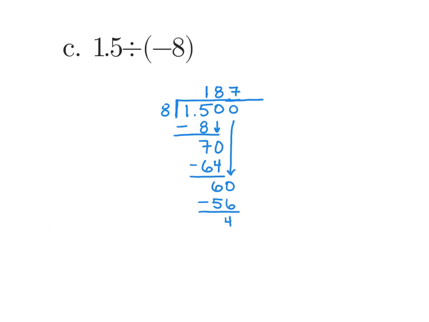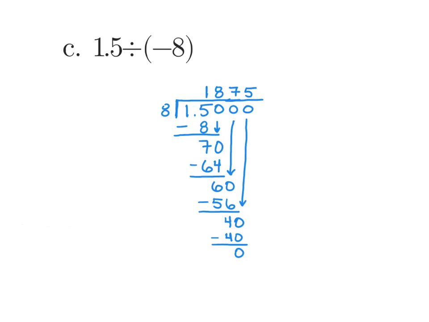Subtract, we get 4. We're still not quite there, almost there. We add a 0. We bring it down. How many times does 8 go into 40? That's going to be 5. 5 times 8 is 40. Subtract, we get 0, and we are finally done.